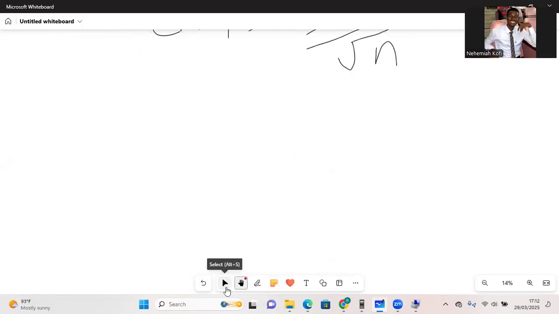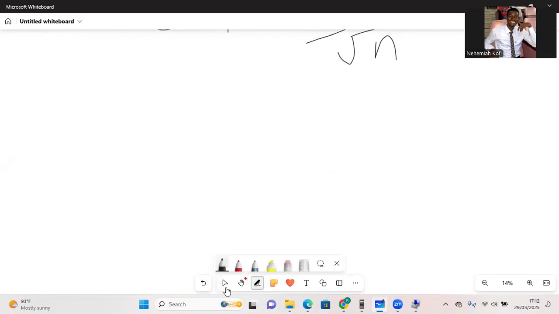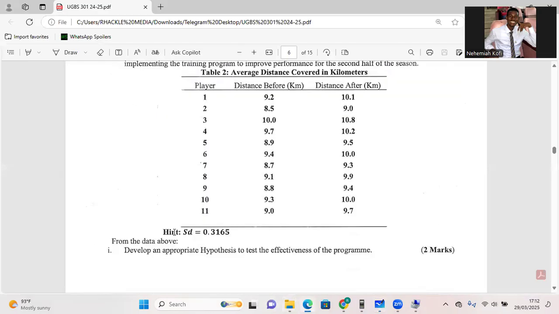So we are just going to put everything in there again, right? In this formula, the D bar that we computed was 0.66, all over the SD, which was given in the question, 0.3165.